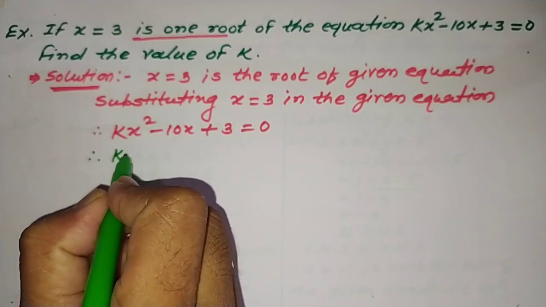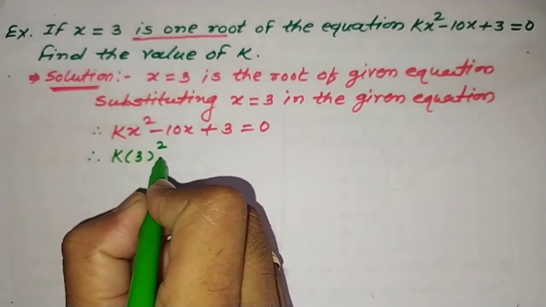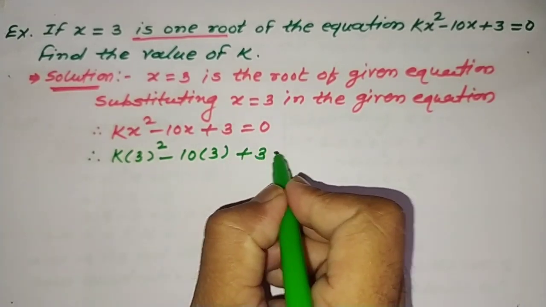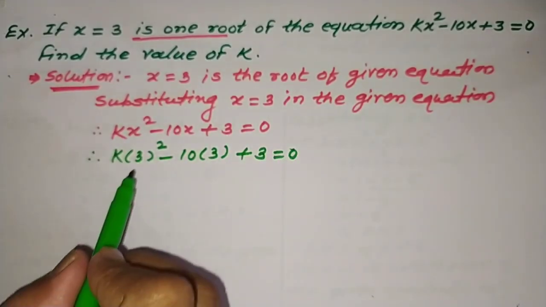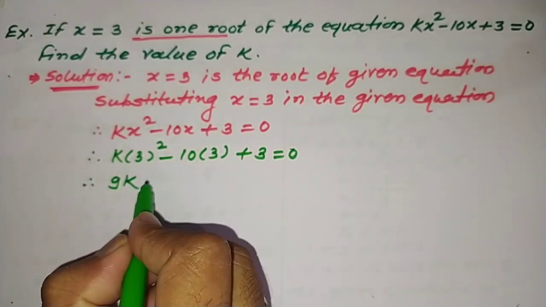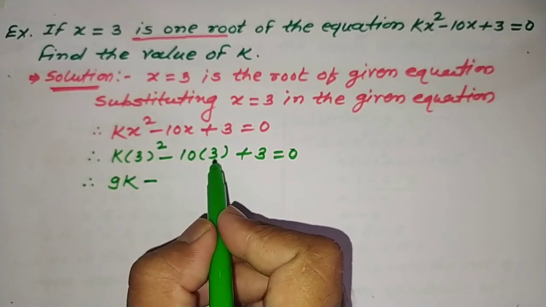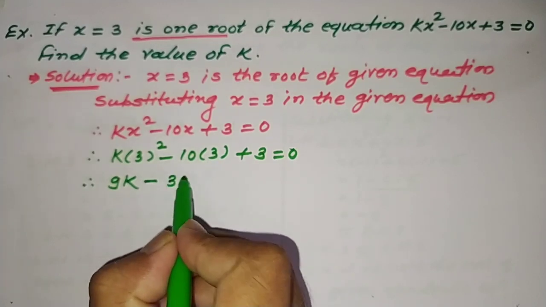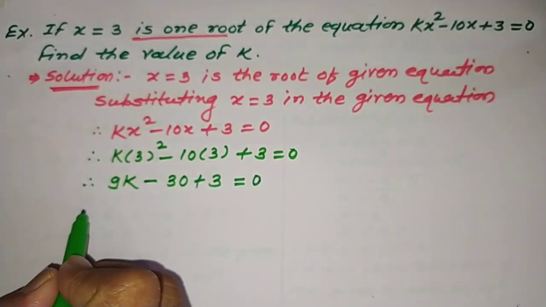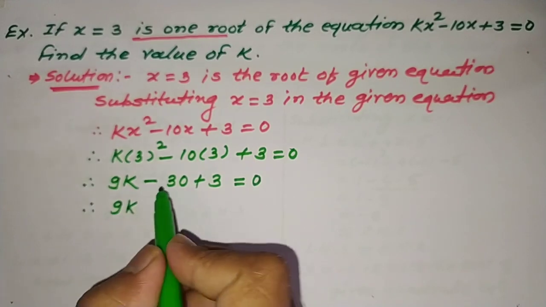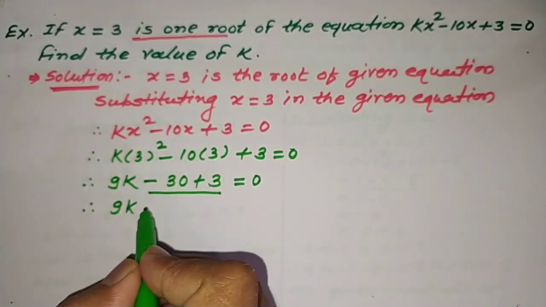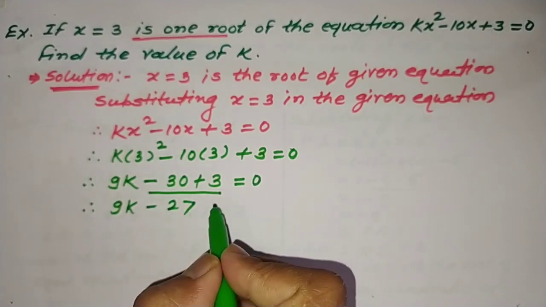Therefore, k into 3 square minus 10 into 3 plus 3 is equal to 0. The square of 3 is equal to 9. 9k minus 10 into 3, 30, plus 3. 9k minus 30 plus 3 is minus 27.